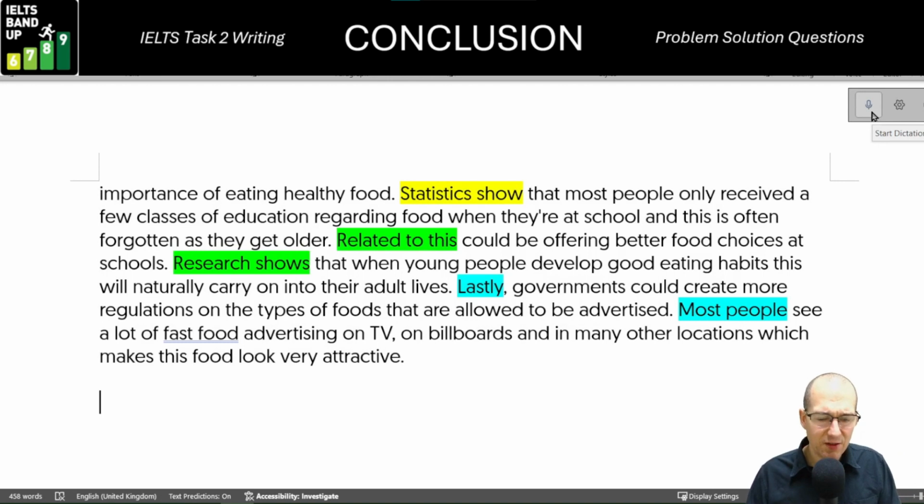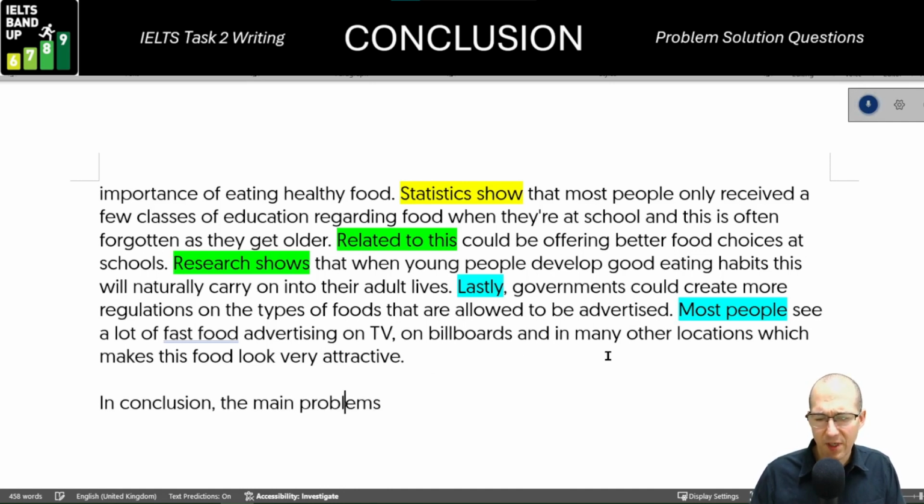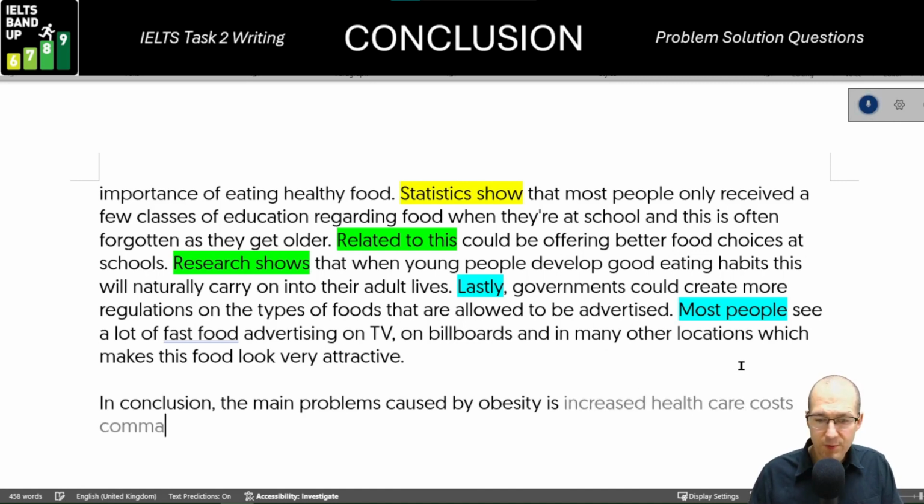Now, the easiest thing you can do in a conclusion is just summarize what you've already said, right? So, in conclusion, the main problems caused by obesity is increased healthcare costs, reduced productivity, and increased depression.